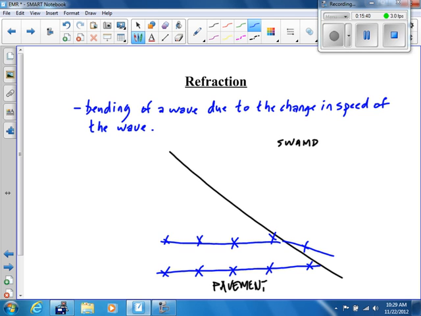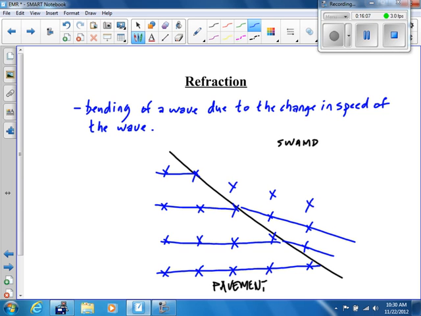A few seconds later, soldiers are still marching. Soldiers 1, 2, and 3 are still in the parking lot. Soldier 4 is now in the swamp as well. Soldier 5 is still in the swamp. Join them together. This is what the news crew sees. A few seconds later, soldiers 1 and 2 are out of the swamp, but 3, 4, and 5 are now in the swamp.